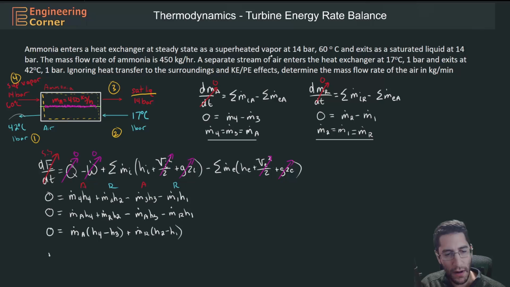Solving for m dot R, we get m dot R is equal to m dot A (H3 minus H4), since we're moving this over to the other side and switching the terms, divided by H2 minus H1, which stays in the same order because we're not subtracting that over.